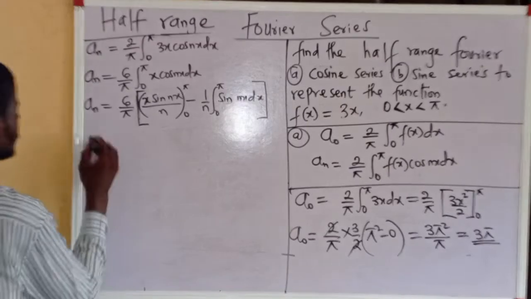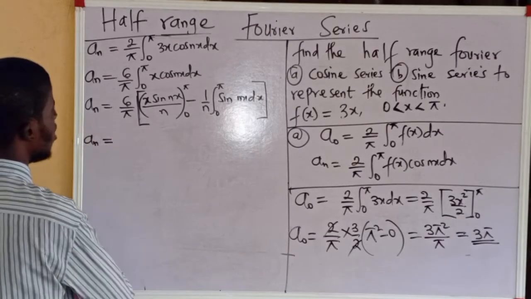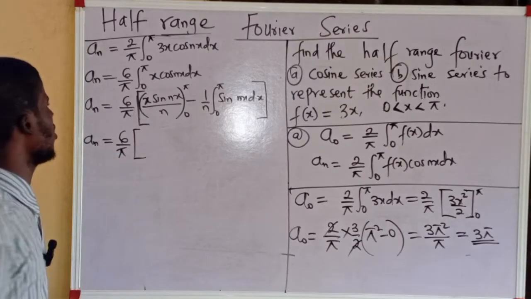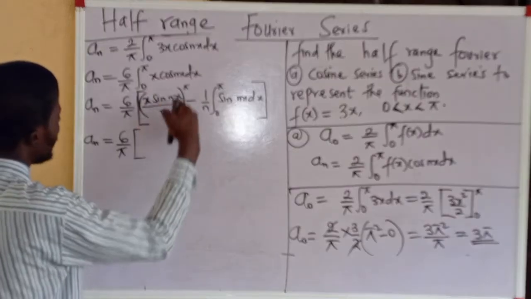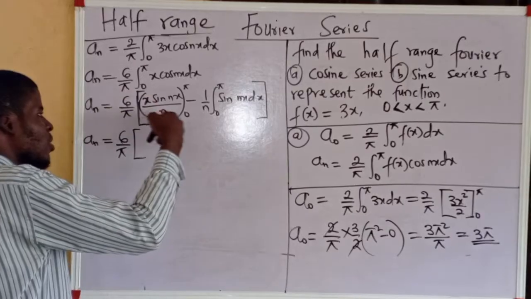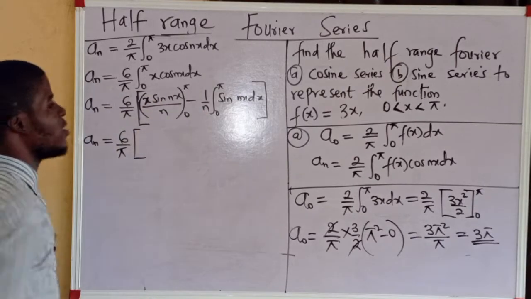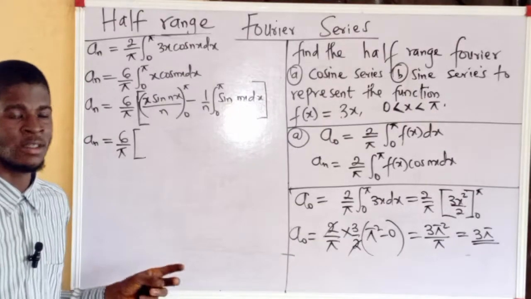So a sub n is equal to this now. 6 over pi into everything here in this bracket. In fact, everything here that we can see now, x sine nx over n from 0 to pi, is equal to 0. That is it.